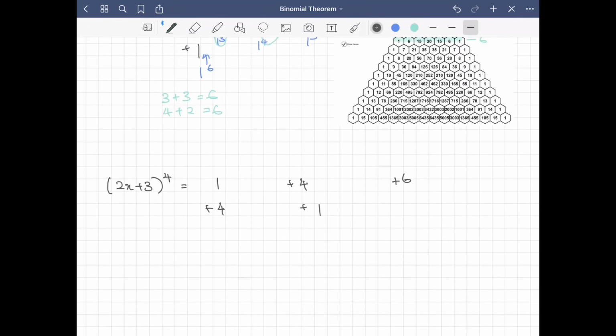So for the first term, I choose to let 2x be to the power of 4, so 3 is to the power of 0. And the next term, 2x to the power of 3, 3 to the power of 1. Then 2x to the power of 2, 3 to the power of 2.